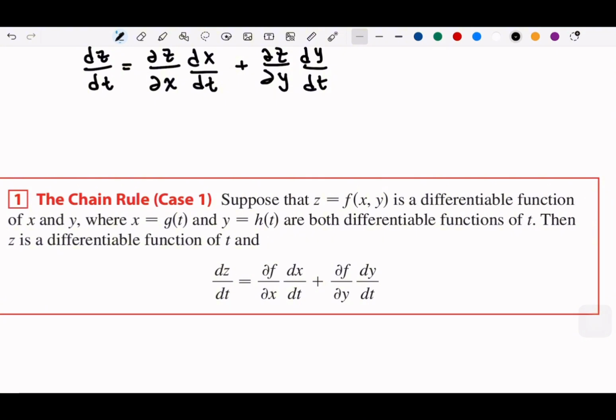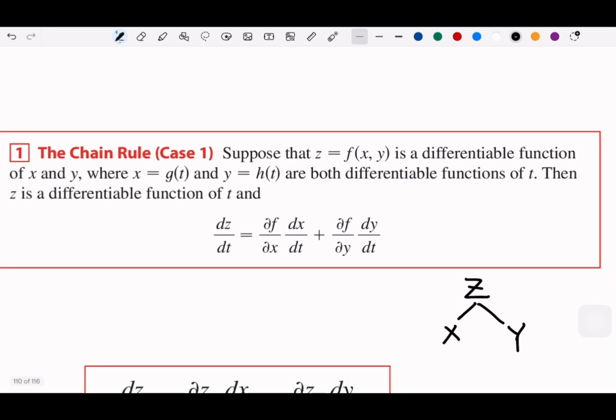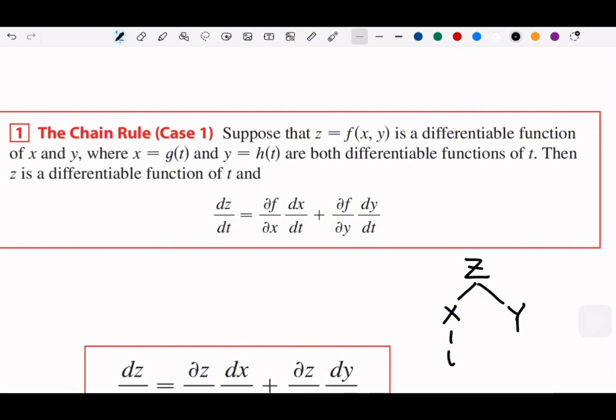You can make it simple if we write it in terms of a tree diagram. We can start with z. z has two branches, x and y. And each of x and y is a function of t. And every time you have branches like this, you set up with something that we call the Leibniz notation, which signifies that this is a partial.